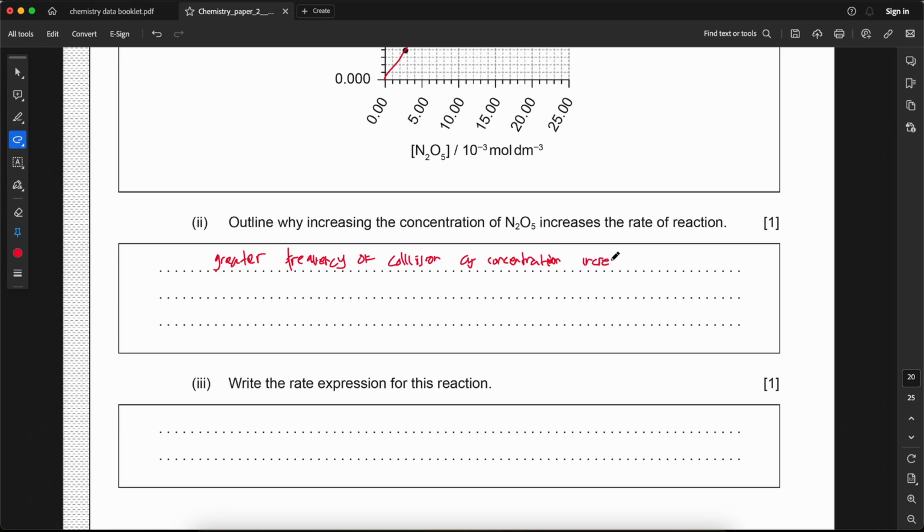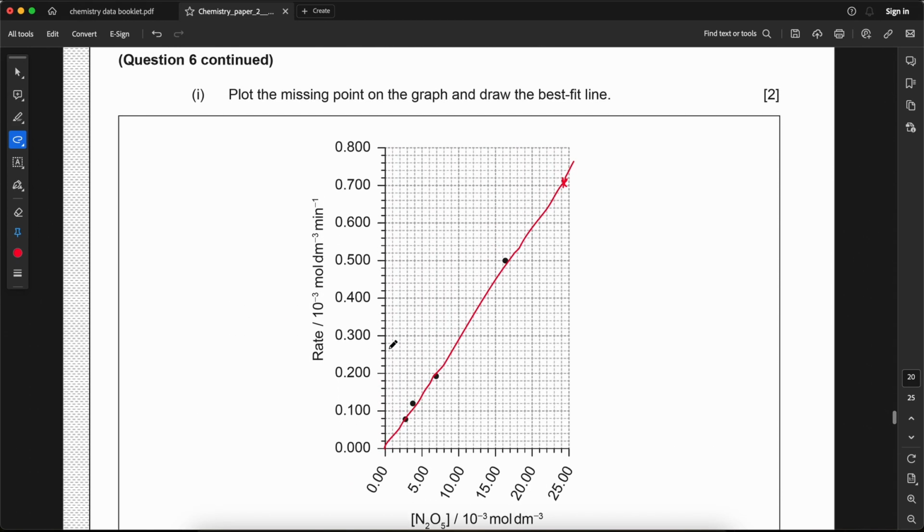When concentration increases, of course, the number of particles will increase, and then collision occurs more frequently, so the rate of reaction will be increased. Write the rate expression for this reaction. That will be rate = k[N2O5]. It's the first order of reaction because this is the graph of the first order reaction.